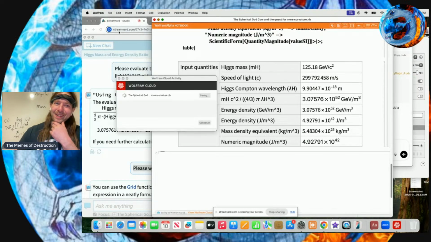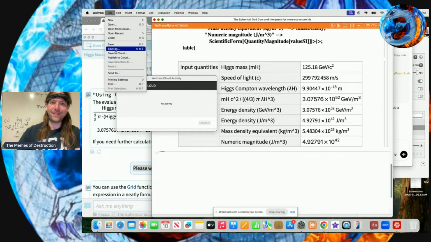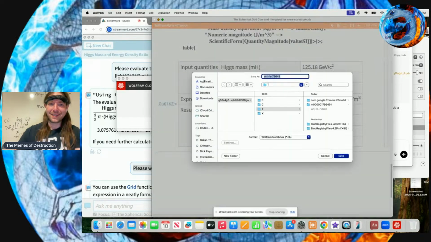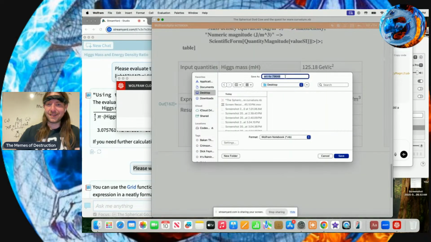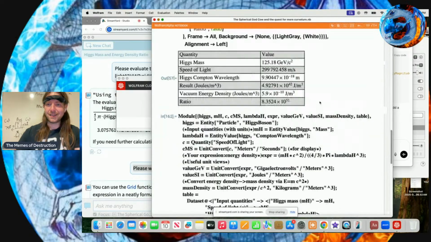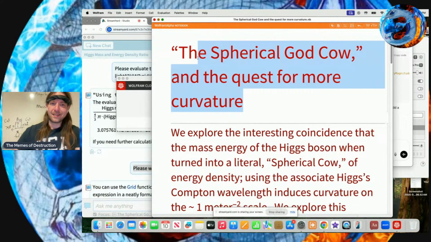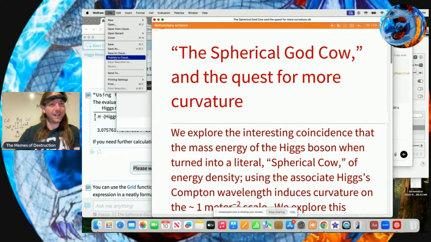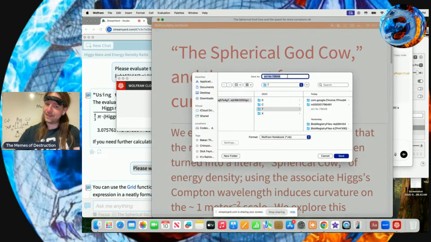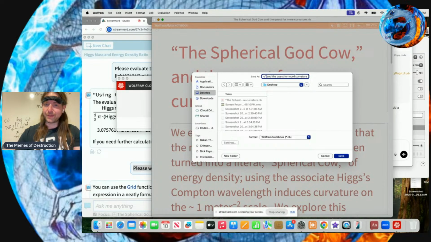So I'll do this. I'm going to save as. Do that. All right, file, save as. I don't know why it puts in all those weird places.